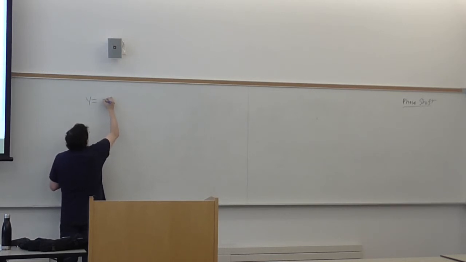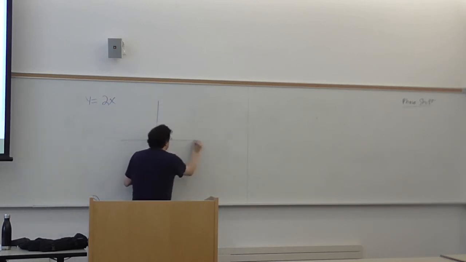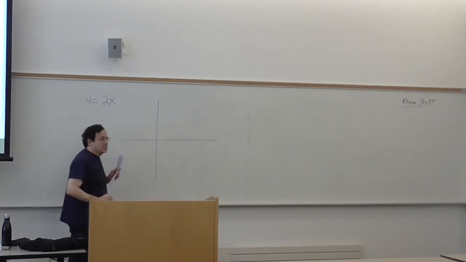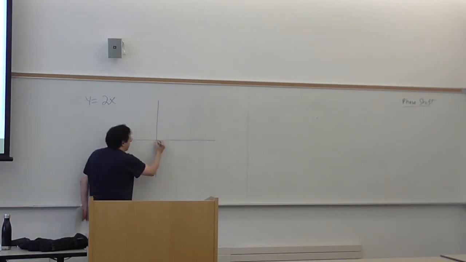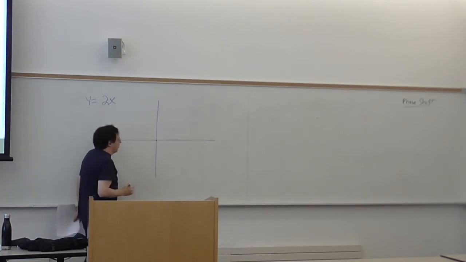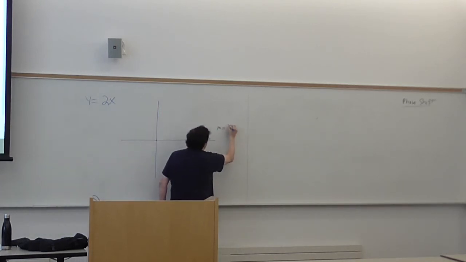We're just going to look at a very simple function, y equals 2x. Let me graph that. 2x plus b, where b is 0, so you know it's going to go through the origin. And I know the slope is 2 over 1, that's my delta y over delta x.